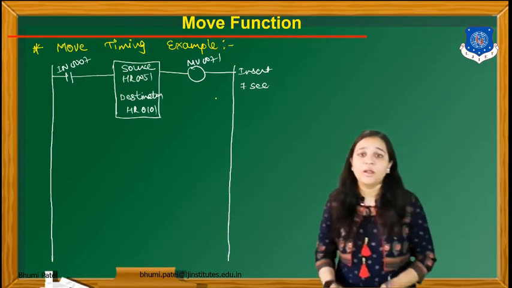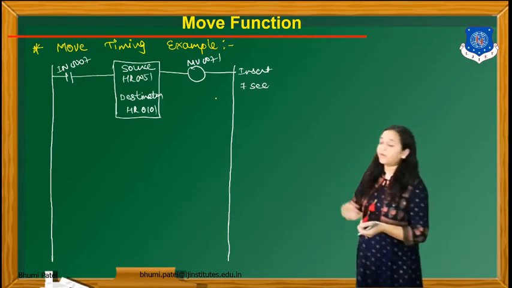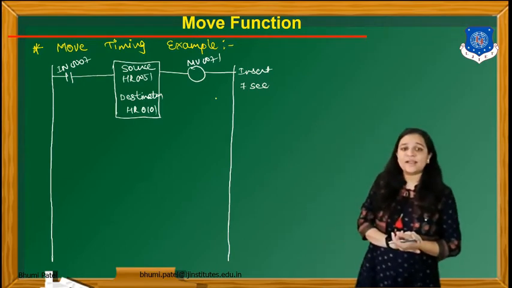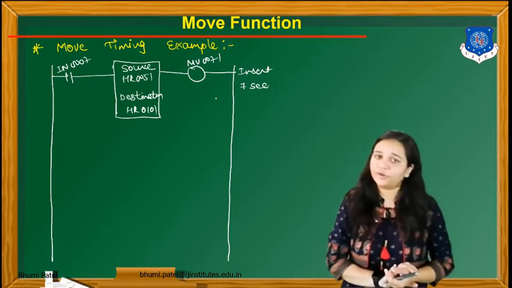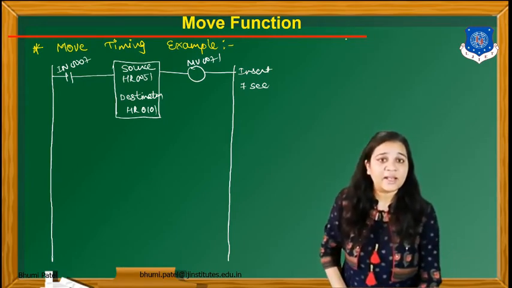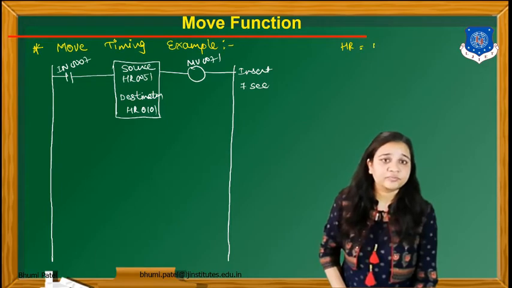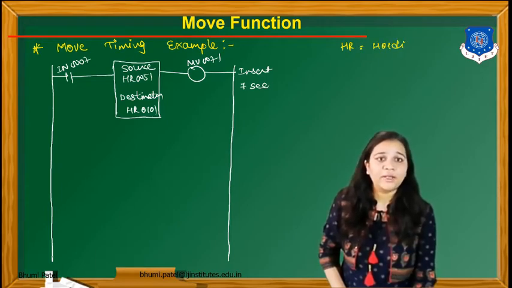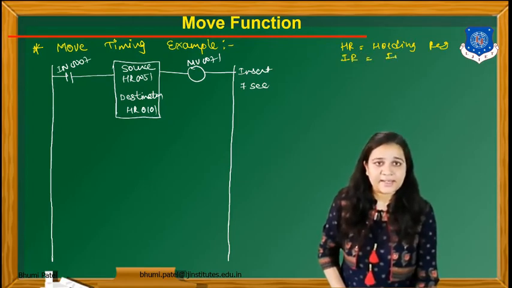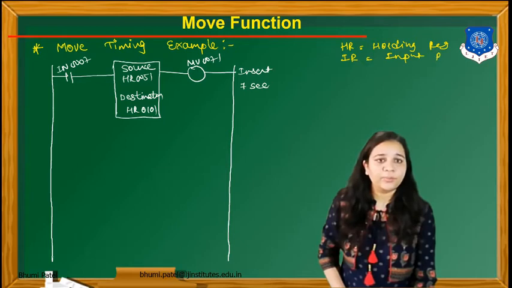Whenever we use the move function, an example is given in the move timing diagram. Here one move function is given, input is given, and the source address is given as HR0051. What is HR? HR is known as the holding register. In some places IR is given. What is the IR? IR stands for input register.